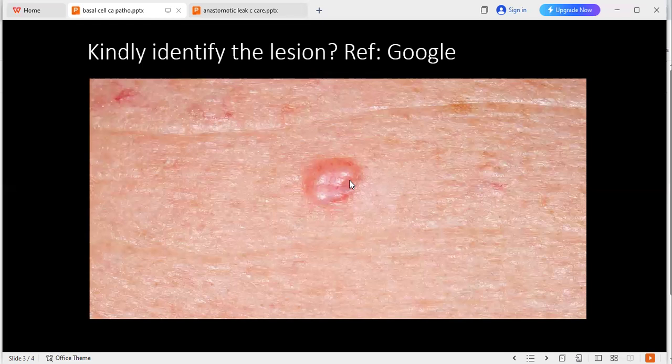Okay, can you please tell me, after you've confirmed that this is basal cell carcinoma, what treatment would you suggest to this patient? There is surgical excision, as you've already told me. Yes. When you're doing surgical excision, what would you consider?